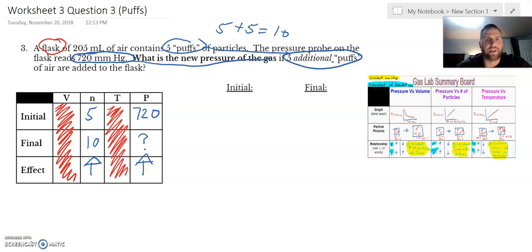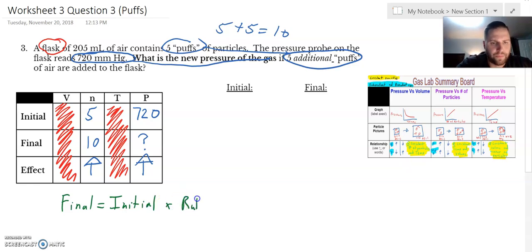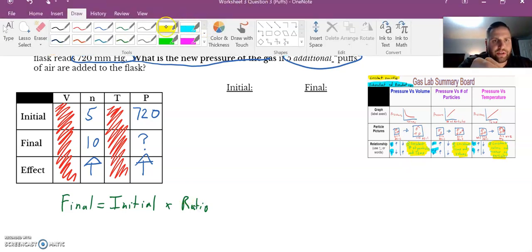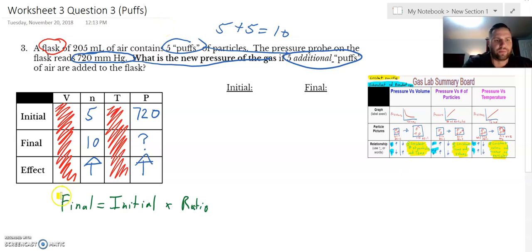A formula is needed to compute our value for our final pressure, and here is how the formula reads. Final equals initial times a ratio. Let's use the highlighter again to accentuate where information is being pulled from.